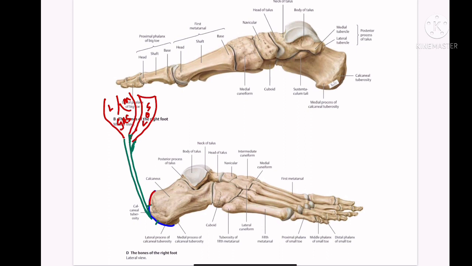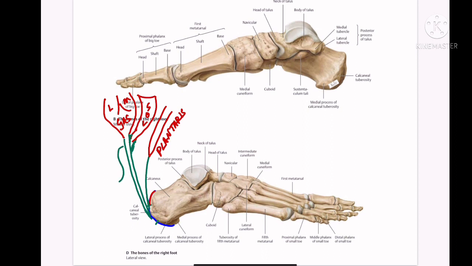Apart from this tendocalcaneus, the tendon of plantaris, plantaris is another muscle, a very slender muscle, is also attached to the middle one third of the posterior surface.